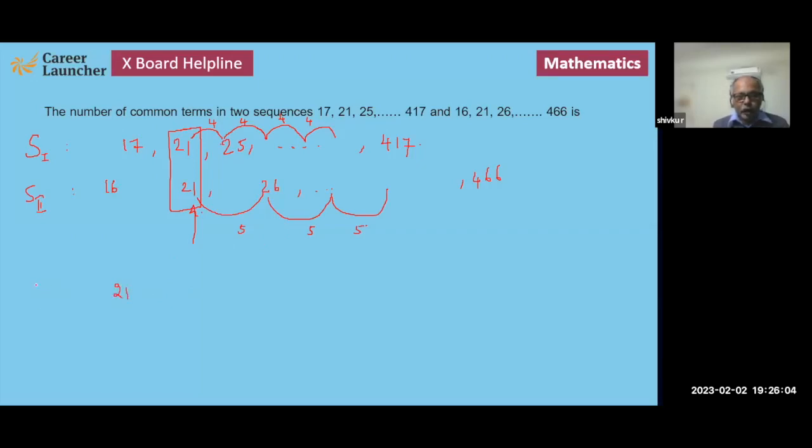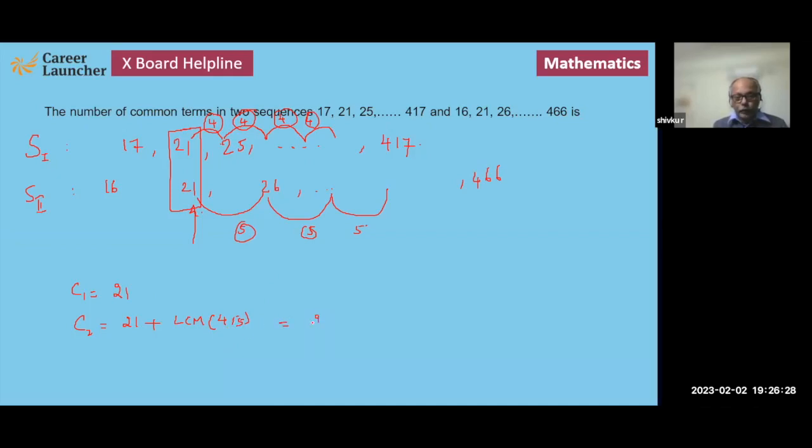So the second common term, if I call this the first term C1, the second common term will come after LCM of 4 and 5, because we need to see that a multiple of 4 is also a multiple of 5. That is when you'll see that both of them will end at the same place. So it is going to be the LCM of 4 and 5.